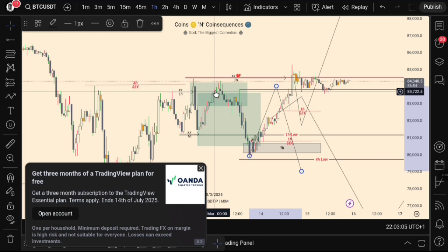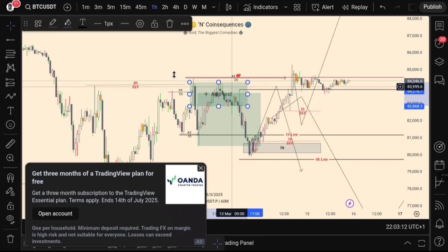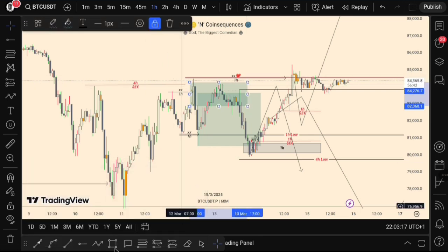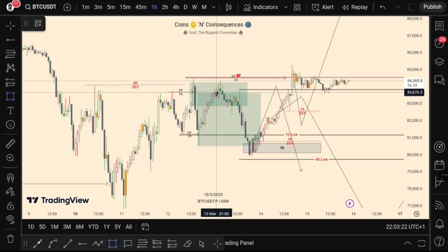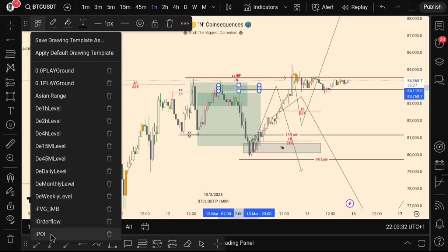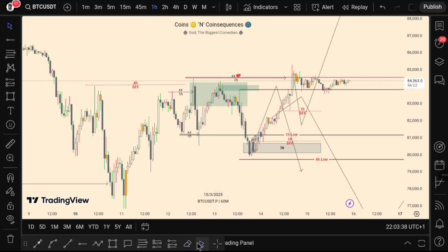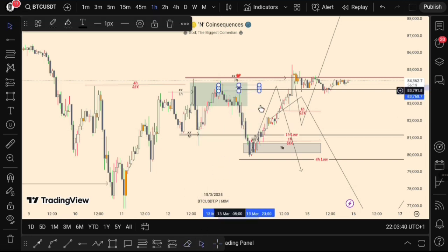Okay, so this is the mitigation block here. For those who know, I'll be deleting this order flow. So here's the mitigation block that has been mitigated. The mitigation block has been mitigated.